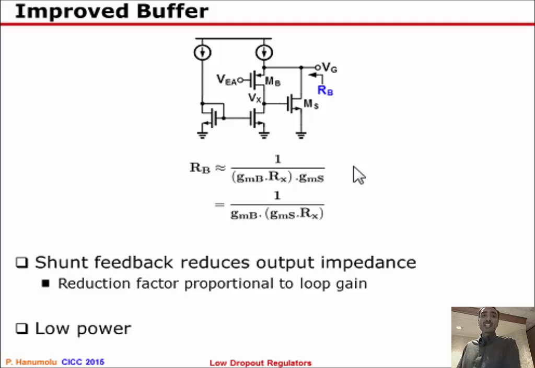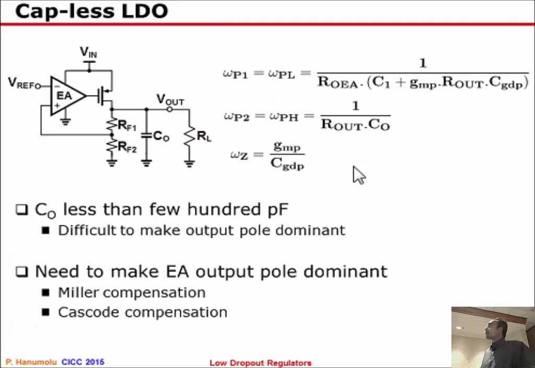Now I'm going to switch gears and talk about cap-less LDOs, meaning the output is taken at this point, and the stability has to be ensured in the presence of any capacitance that one might add at the output, and we can also have a little bit more degree of freedom with the capacitance we choose here in order to stabilize the feedback. Right.